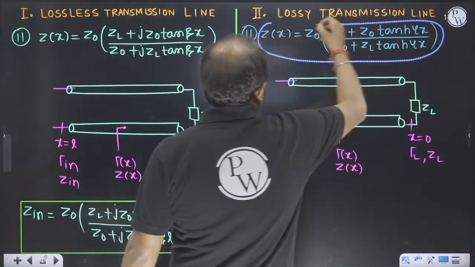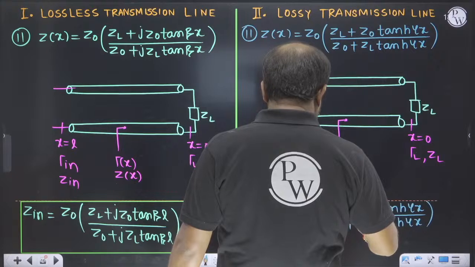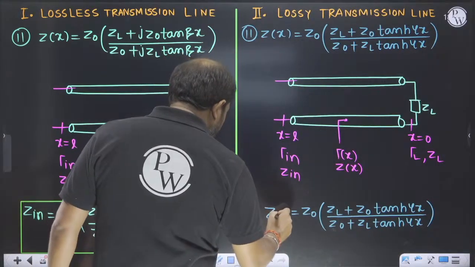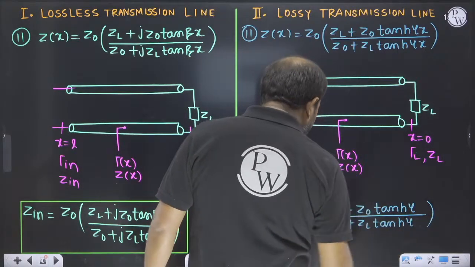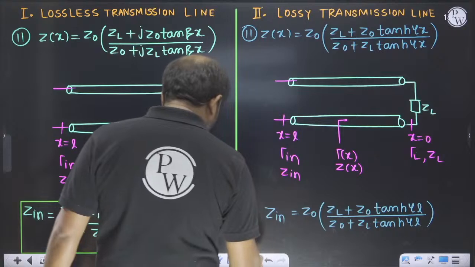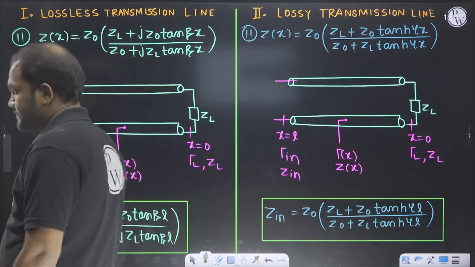So Zin will be at a distance L, so it will be gamma L. So this is the formula for Zin.